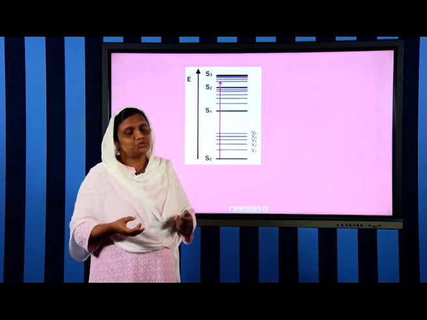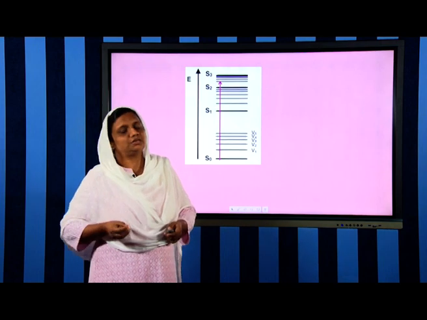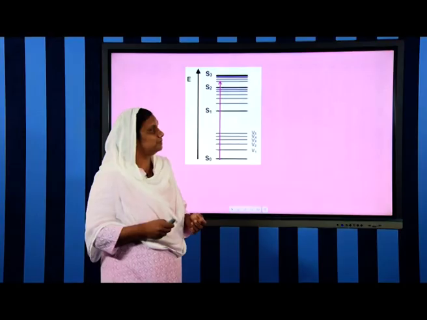There are various ways by which the system can reach the ground state from the excited state. Here the system is in the vibrational level of the second excited state.